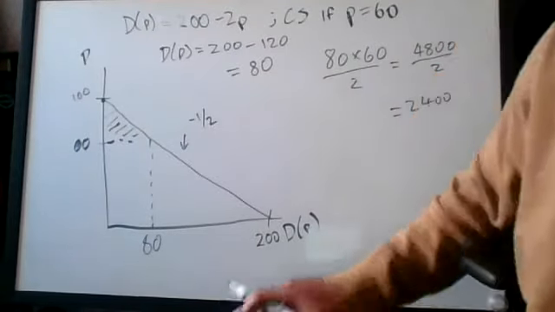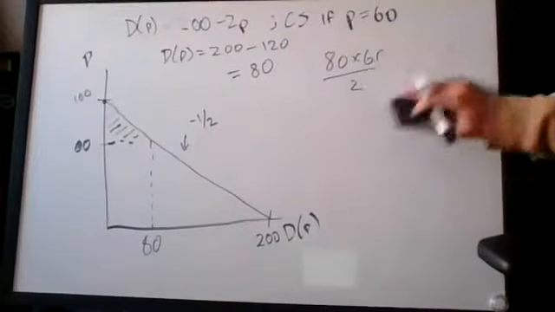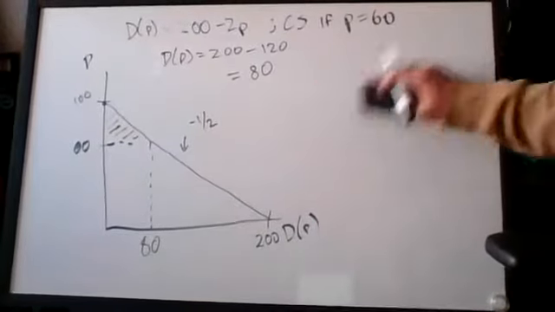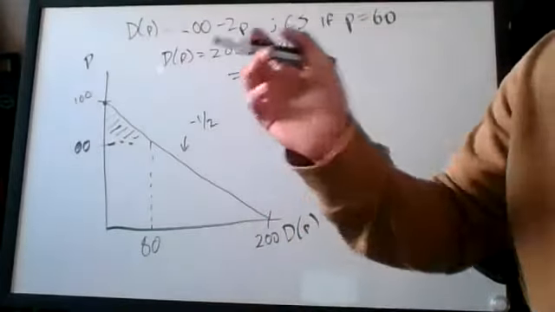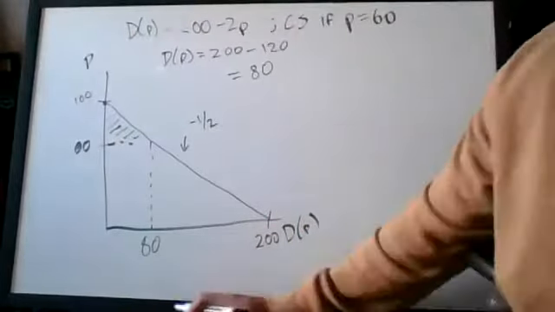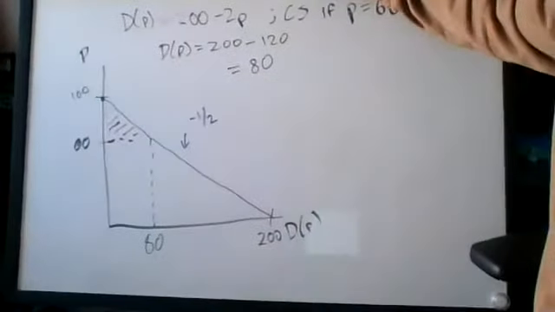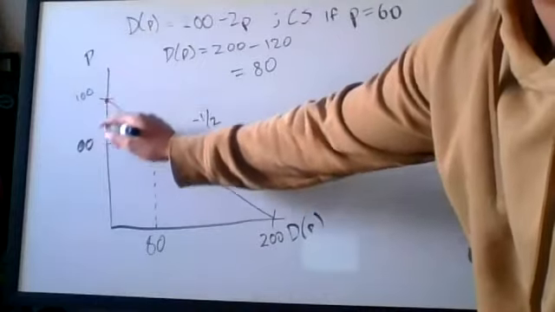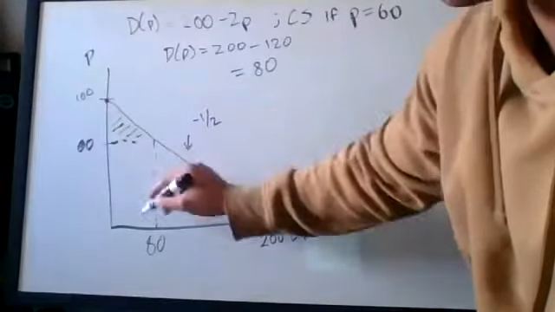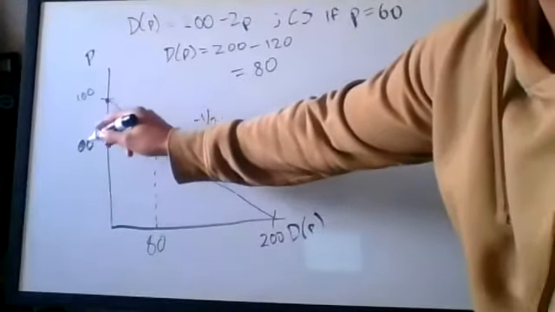Wait, hold on. Actually, I want to double check that. Oh, okay. So that's actually a really good catch. I want to make sure that you guys don't make this mistake that I just did. I multiplied 80 by 60, but what I really should have been multiplying it by was 80 by 100 minus 60.